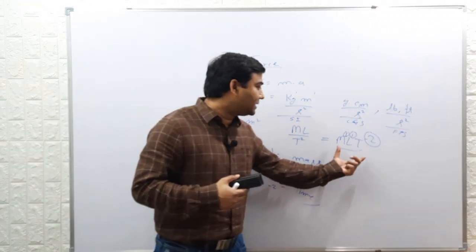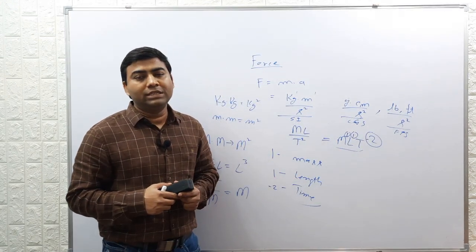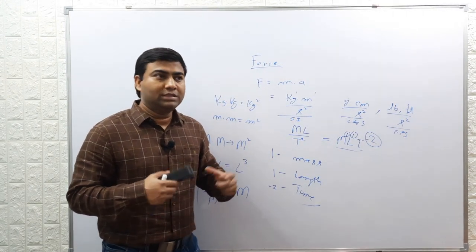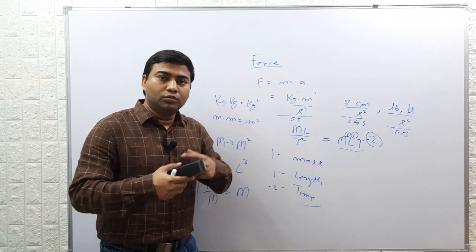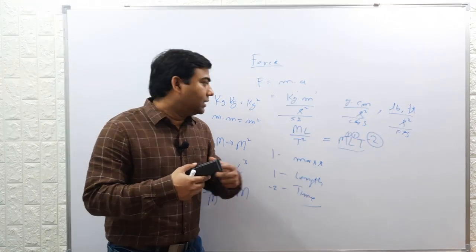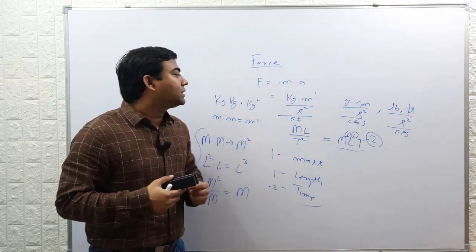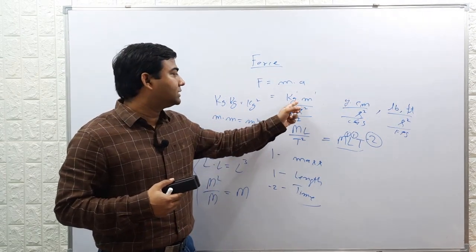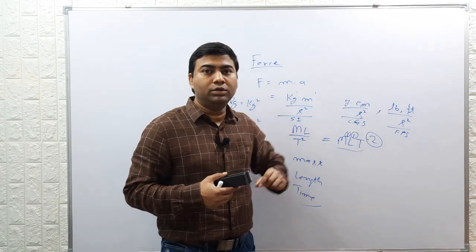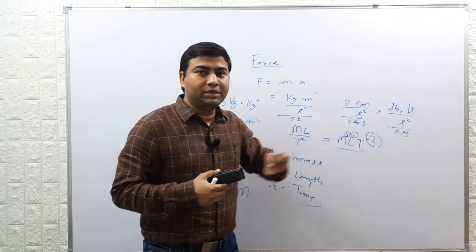But as these are the standard representation of units in symbolic form, it is always easy to carry out the application of the dimensional formula instead of the symbols of units: kilogram, meter, gram, second, pound.